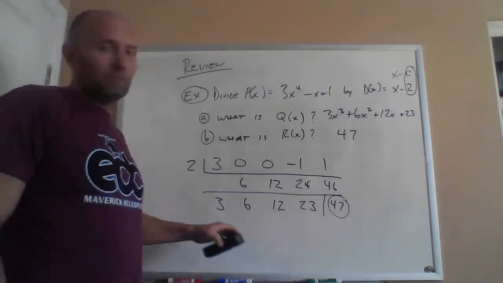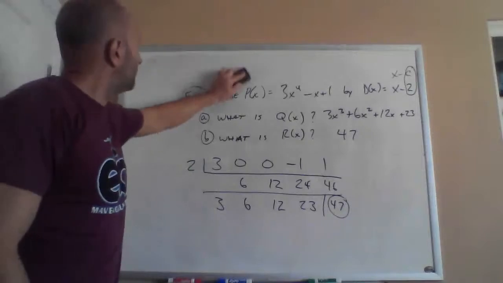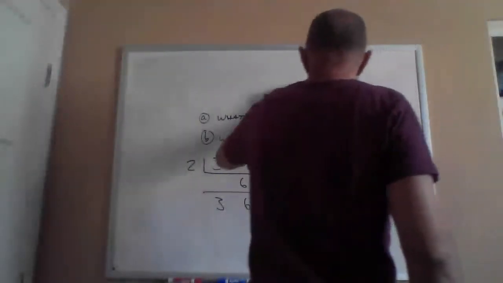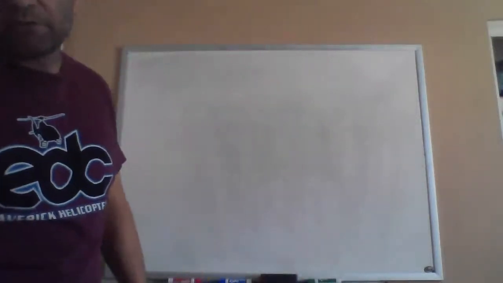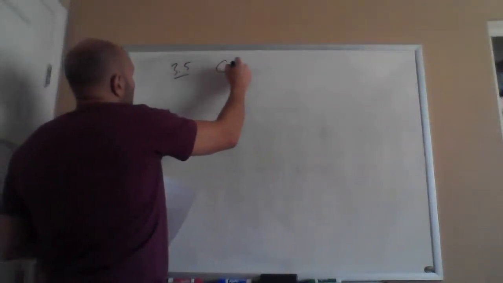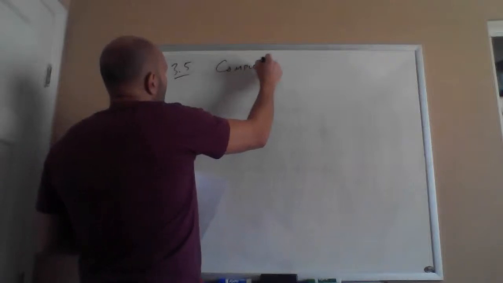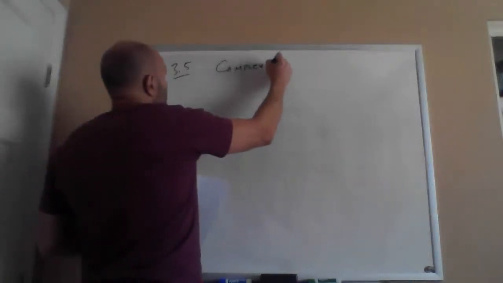All right. So before we get into the ticket out the door, because looking at one of the ticket out the door problems reminded me that I didn't give you guys the notes for 3.5. And there's a couple important things from this. So first of all, it's about complex numbers.